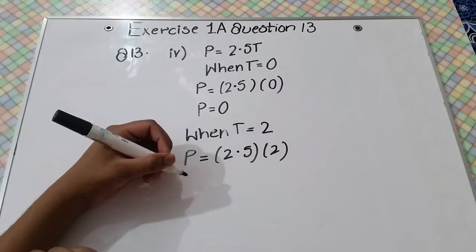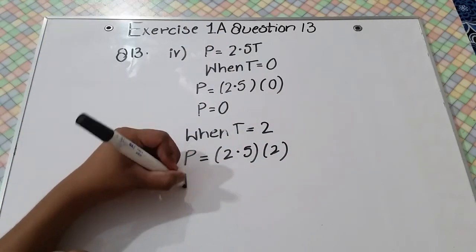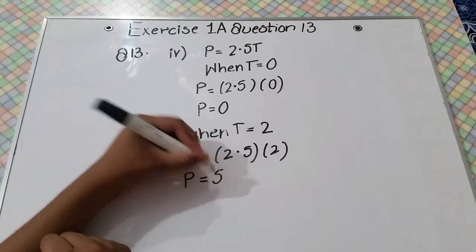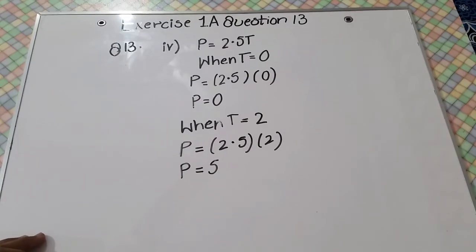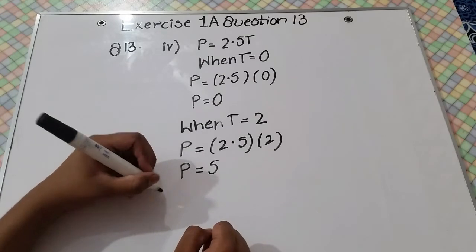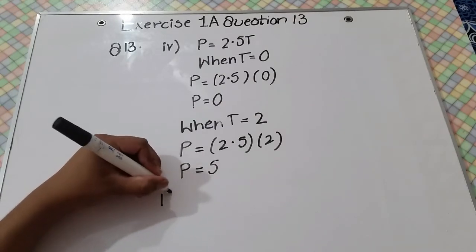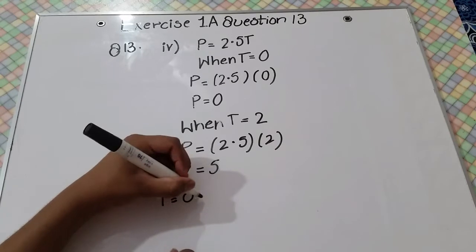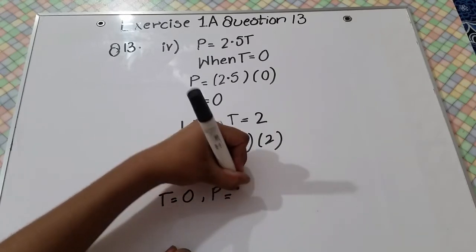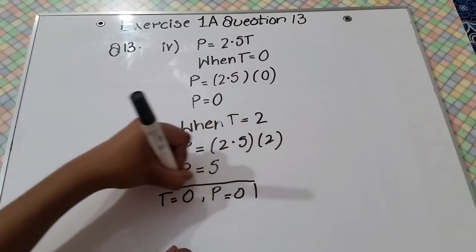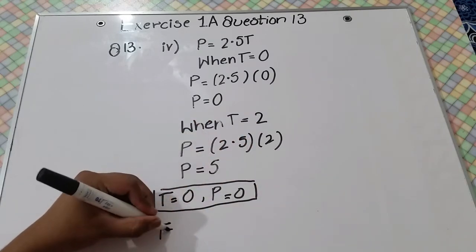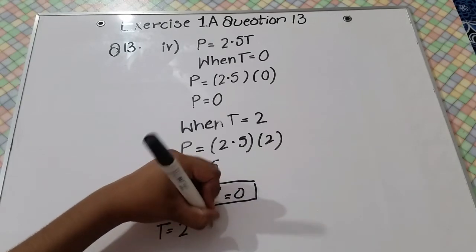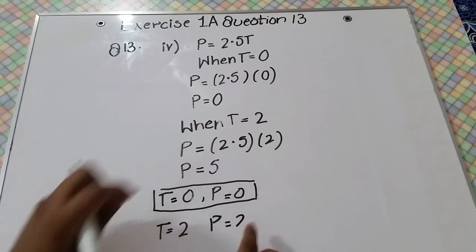They are multiplying, and the value must be 5. So now we have got some values to plot in the graph. The first value is when t is 0, p is 0. When t is 2, p is 5.